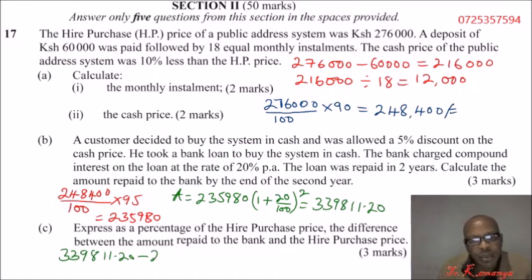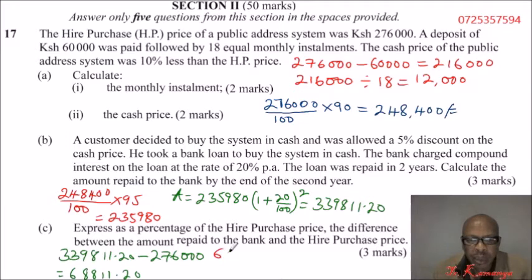You minus 276,000, which is the hire purchase price. When you subtract that, you should get 68,811 and 20 cents. We are supposed to compute this as a percentage of the hire purchase price.